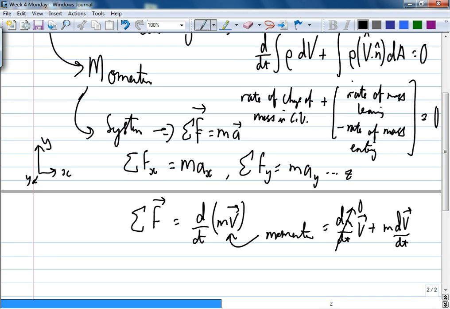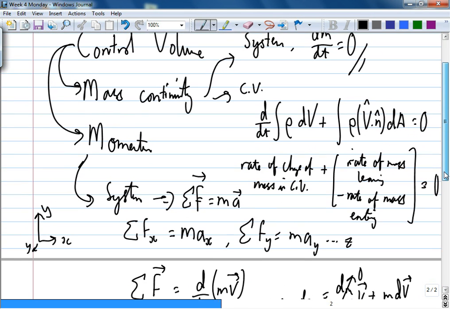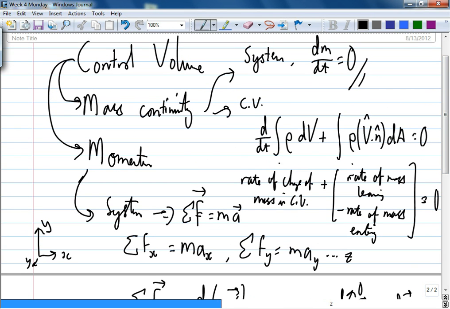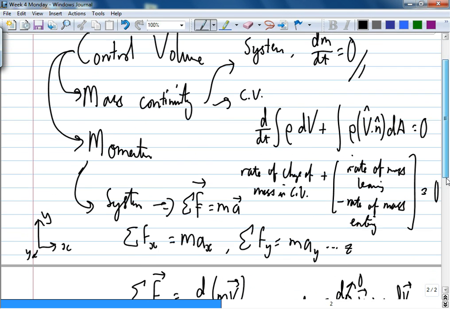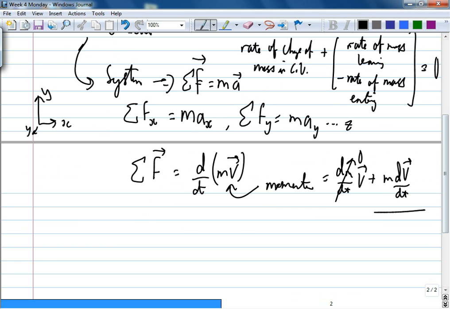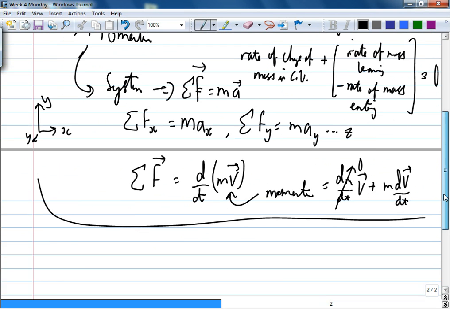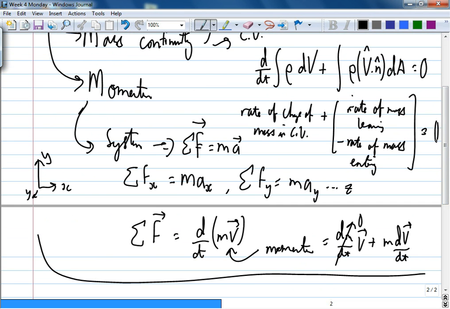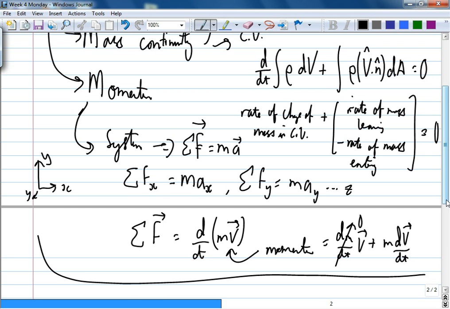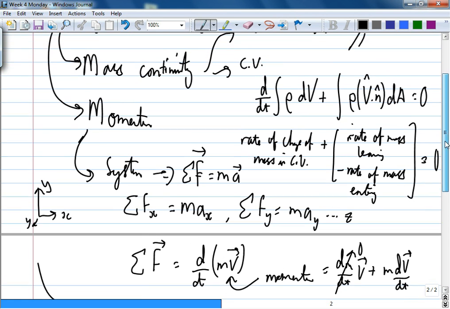Normally the first term is 0 for our system, so you don't have to worry about it. But in our control volume, we need to track what's going in and what's coming out. It's the same, except here it's not 0. The only difference between this and this is adding a v.